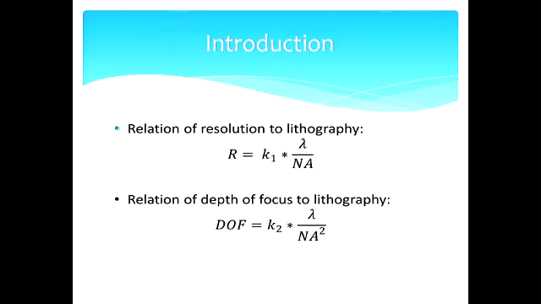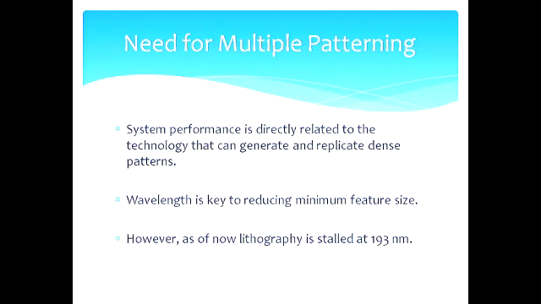If the wavelength is decreased, then the resolution is improved, but the depth of focus is reduced. We don't want that. There is an optimum numerical aperture that can be used with any given wavelength. So there are limitations in matching these two. These are the trade-offs that need to be seen in any lithography system.